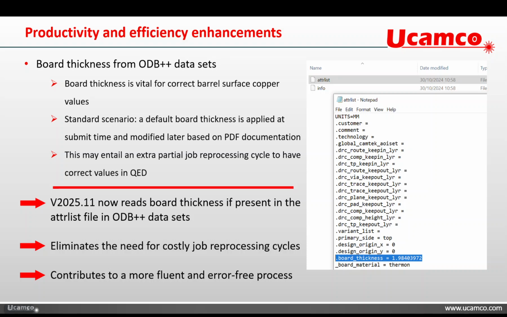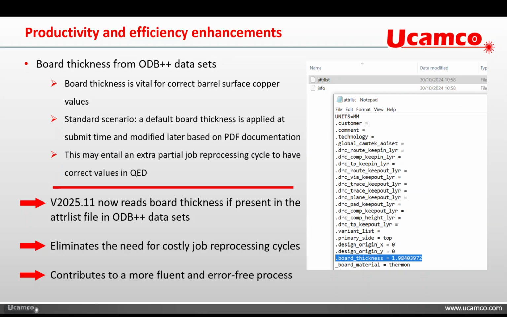But again, as they modify this, it may mean that a partial reprocessing of the job has to take place, because the original barrel surface was based on, say, my 1 millimeter assumed thickness, whereas now, after reading the documentation, it turns out that the thickness of the board is going to be 1.8. So that needs to be changed then.